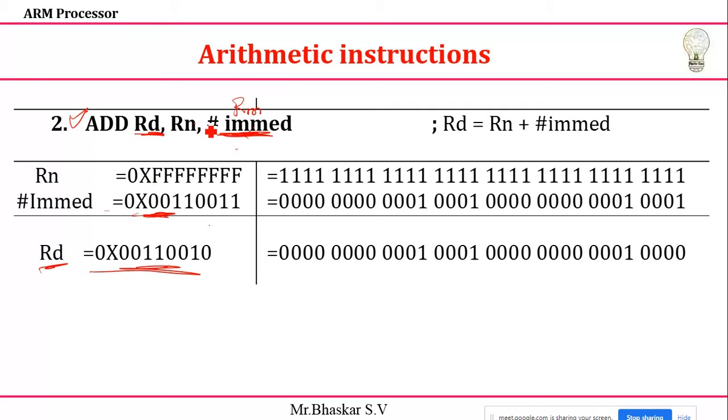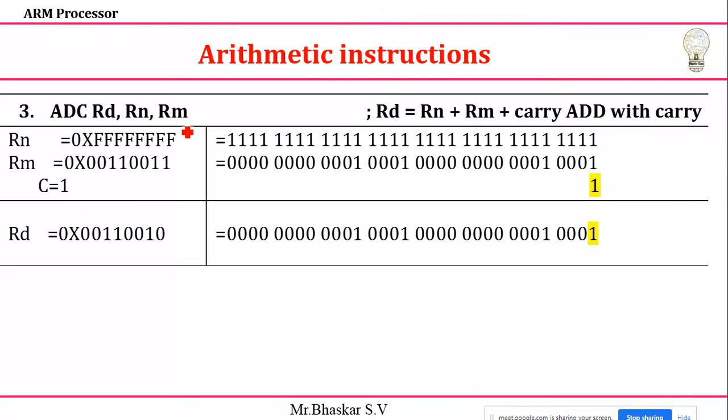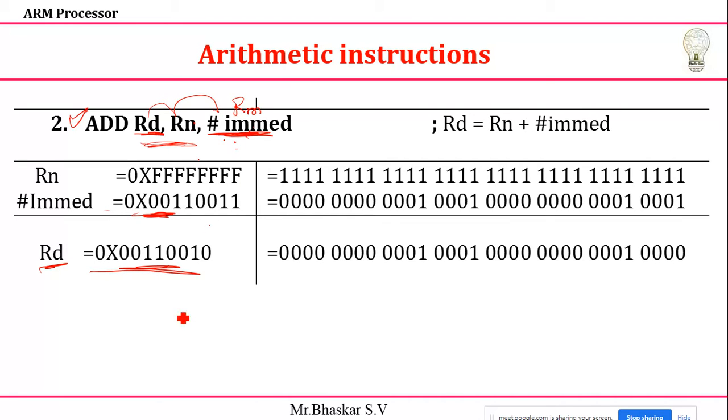Next, the third way. Here in every case I'm going to use three values, three registers or two registers and one immediate value. Instead of that, suppose my instruction has only two registers, then how does it work? You can see, if you have an add instruction, remember this point, add instruction.